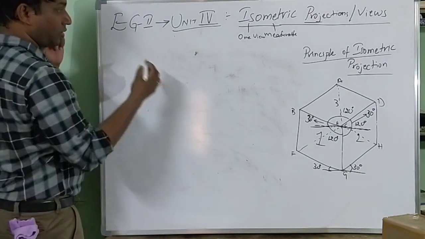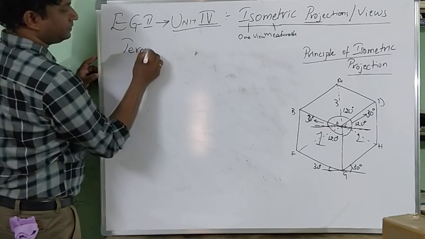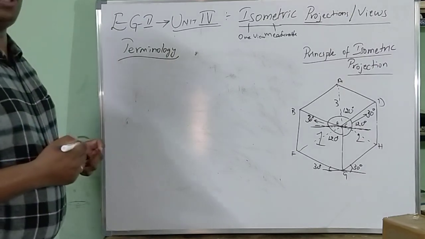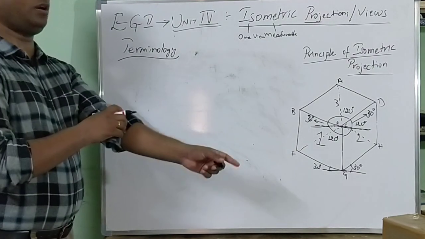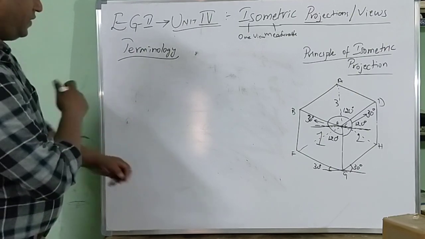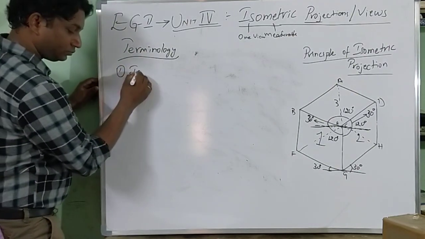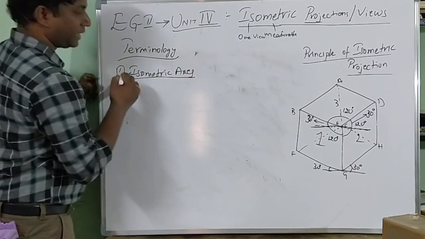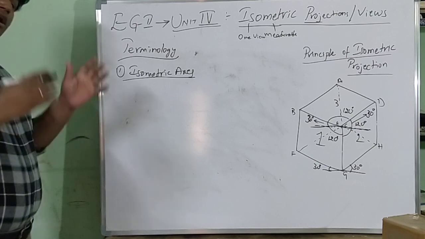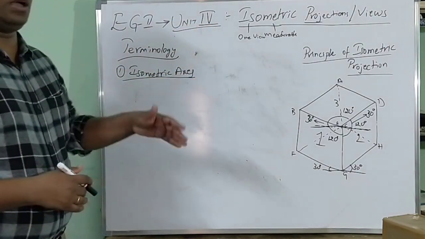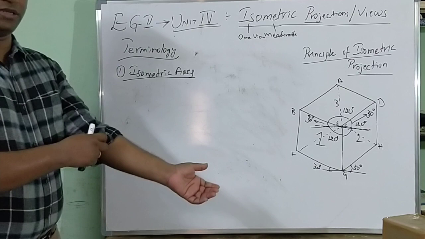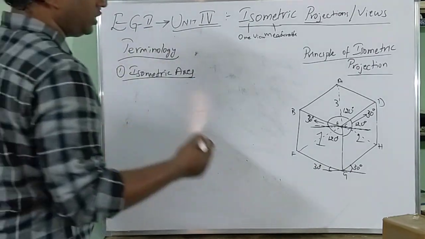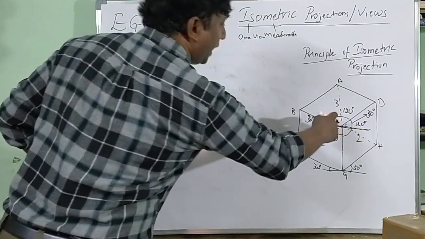Before proceeding to the next topics, the next content is terminology. What are the terminologies we use in the principle of isometric projection? First and foremost, it's the isometric axis. In orthographic projection you remember the XY line; in the same way here we will have some lines, the isometric axis lines, but there it was a single line and here there are 3 lines. What are those 3 lines? They meet where the angles are equal.